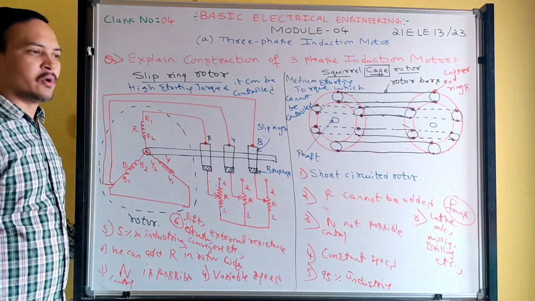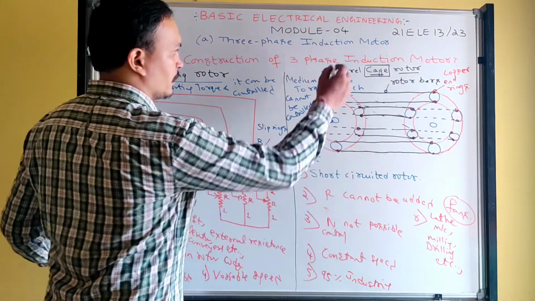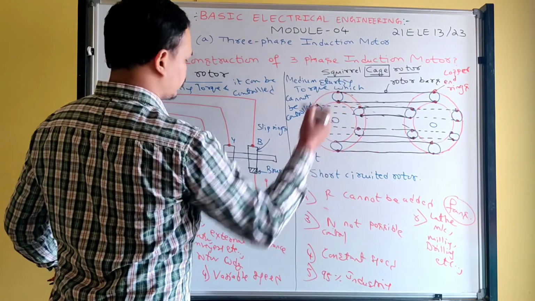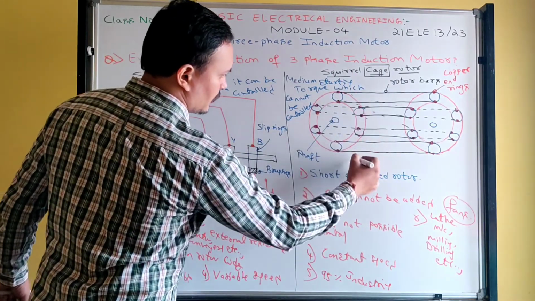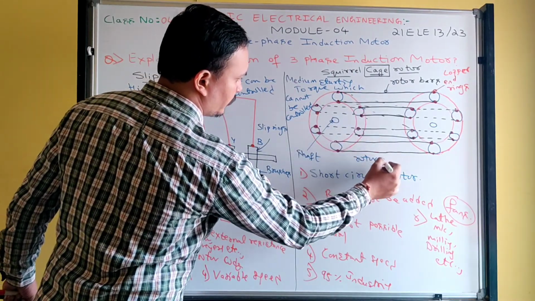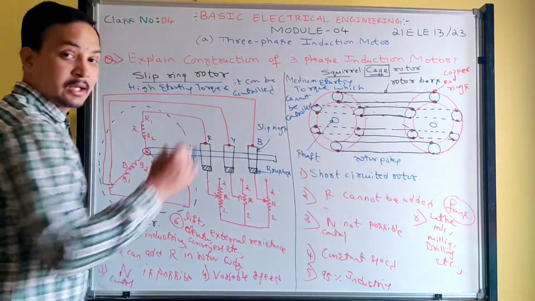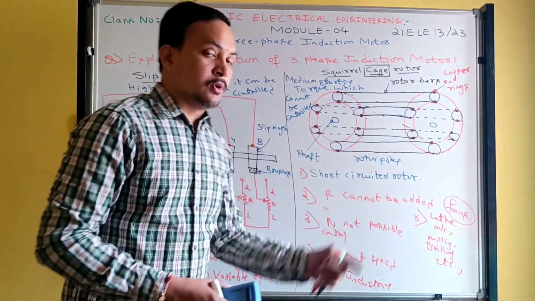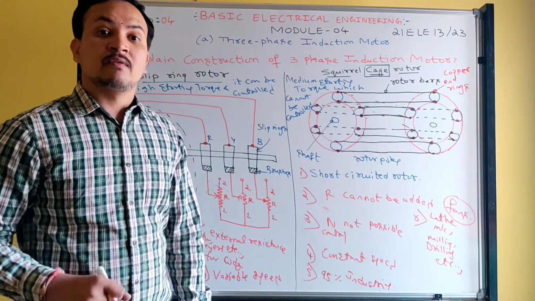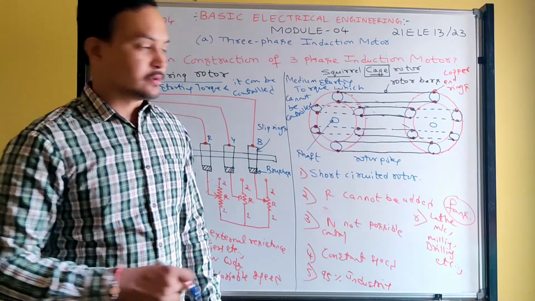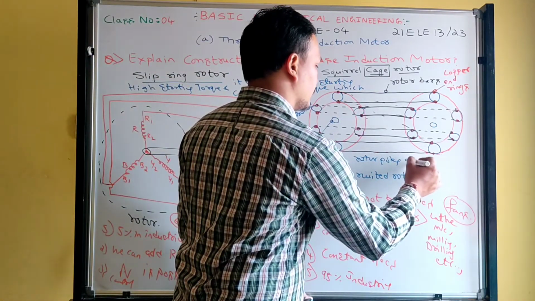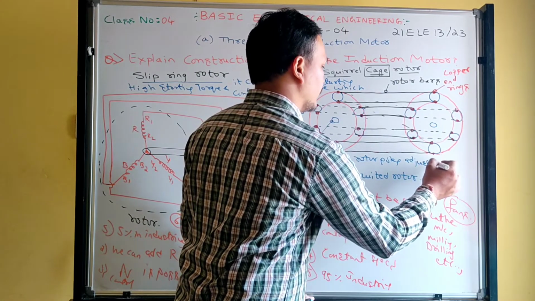One more important point is on this side. The rotor poles in a squirrel cage rotor adjust themselves to the stator poles. Very, very important.